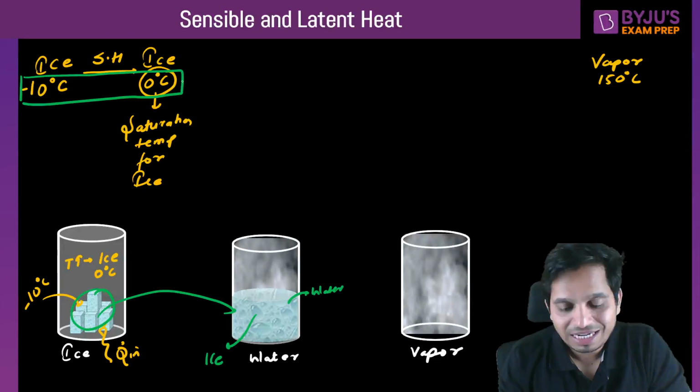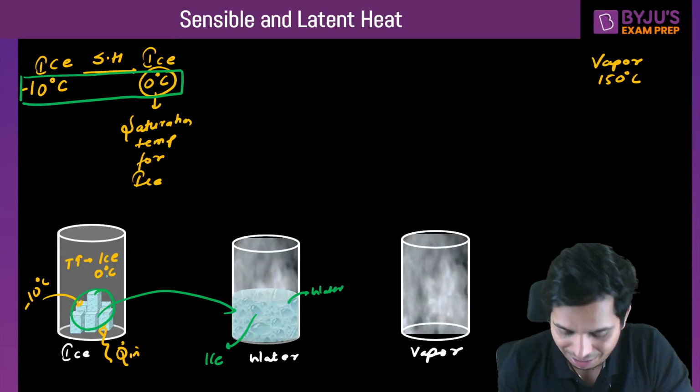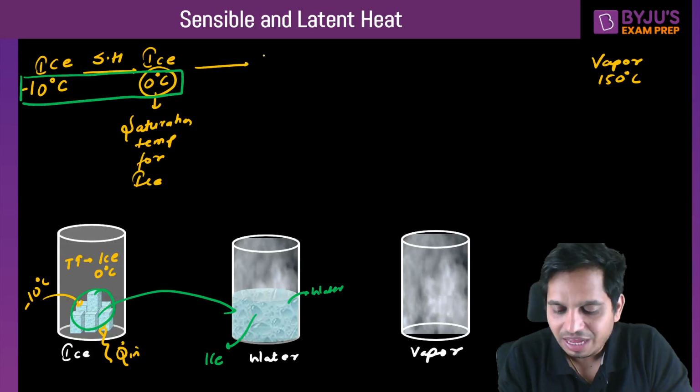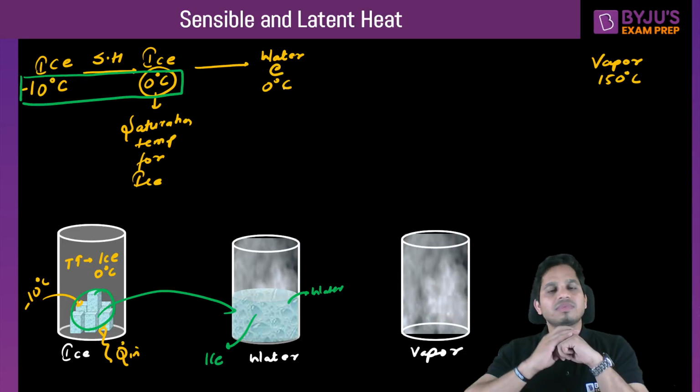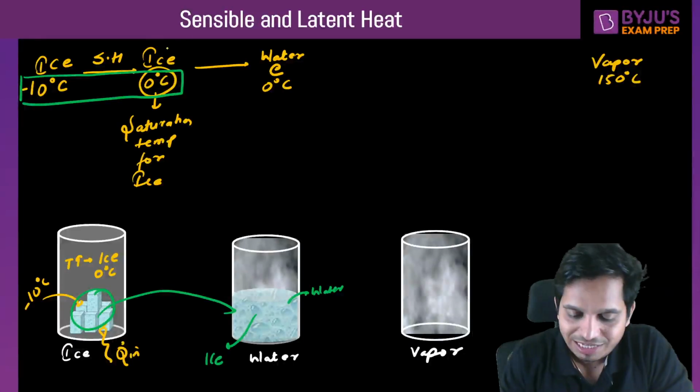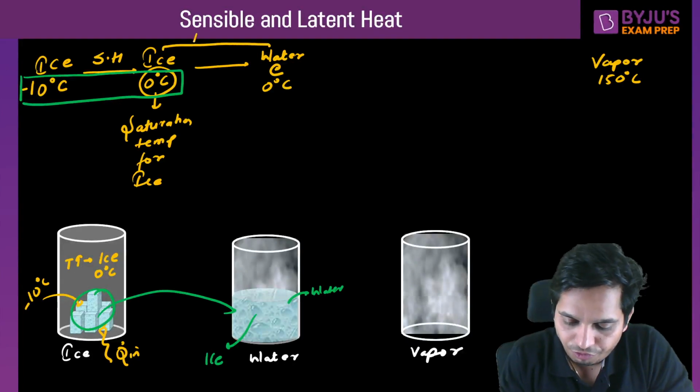Now at 0 degrees Celsius, there will be a phase change, and it will completely be converted into water at 0 degrees Celsius. This is called phase change. So what is happening here? Only phase change is happening.